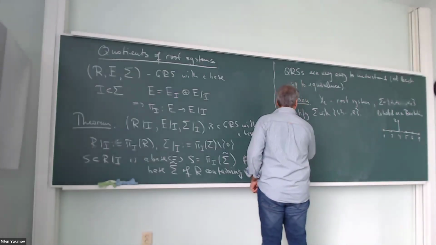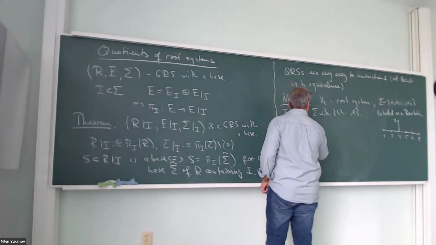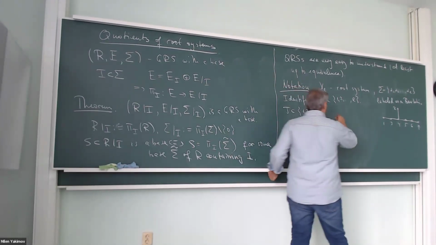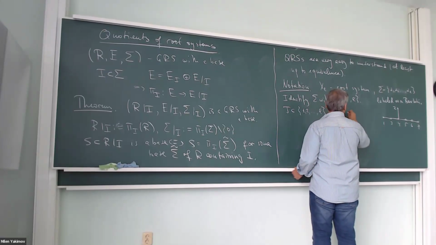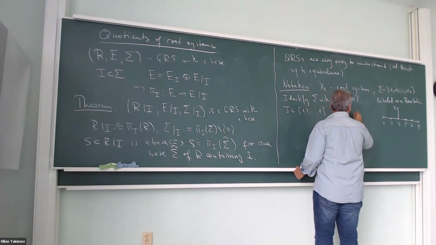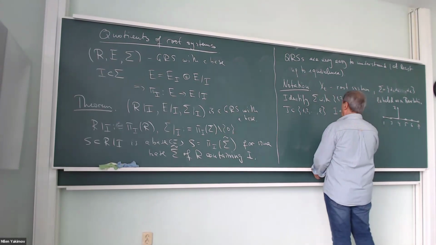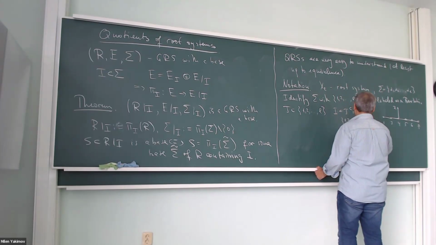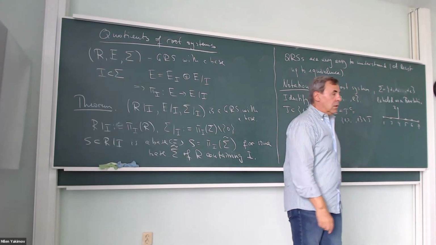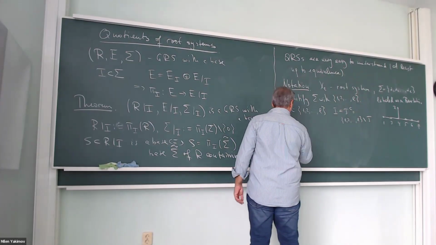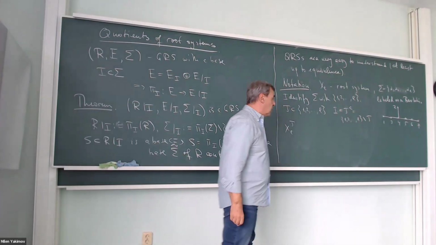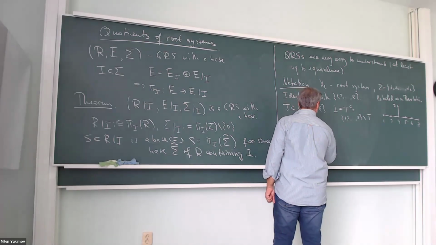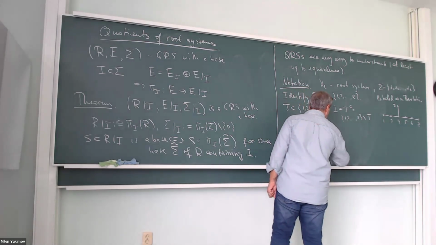For a subset J of {1, 2, ..., L}, let me denote by I the complement of J. So this is the set 1 to L except for J. And then I'm going to denote by X_{L,J} the root system X_L quotient by I.